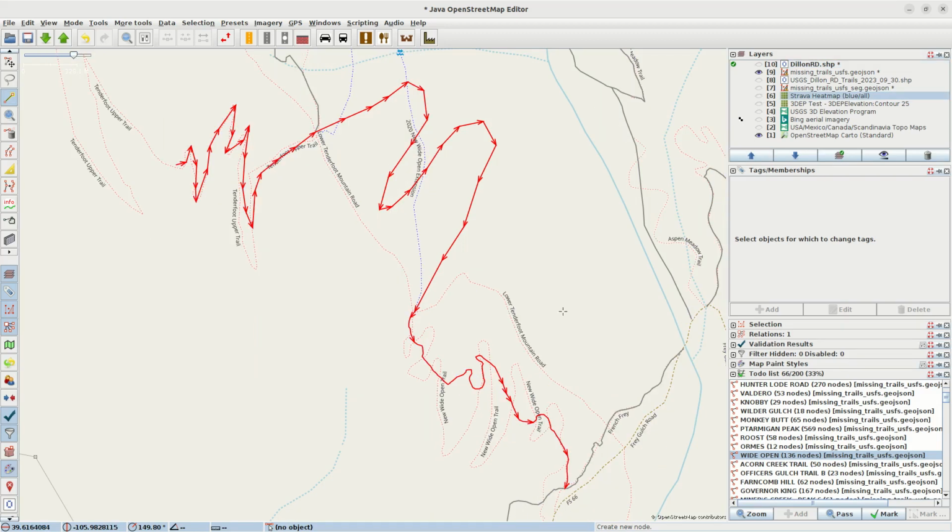We do have a clue of what might have happened, though, because OpenStreetMap has a new Wide Open Trail kind of in the same area. So it very well could be that the Wide Open Trail did exist at one time as depicted by the Forest Service, but we know that it has been at least 12 months because the Strava heat map covers 12 months and there's no heat on it.